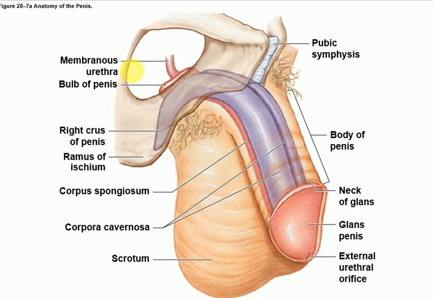Which one is this? Pink? Spongiosum. This is the bulb, right? And the urethra enters from the bulb, but the bulb is the root. And here is the spongiosum, one or two? One that carries one urethra. And look, when it goes to the front, it enlarges and makes the glans penis.